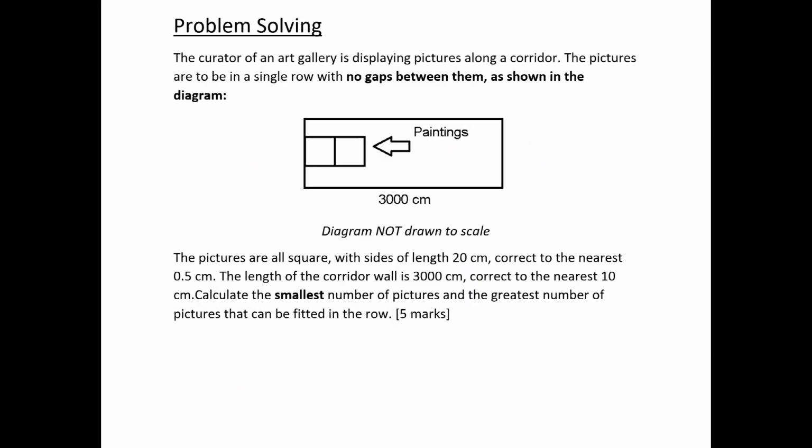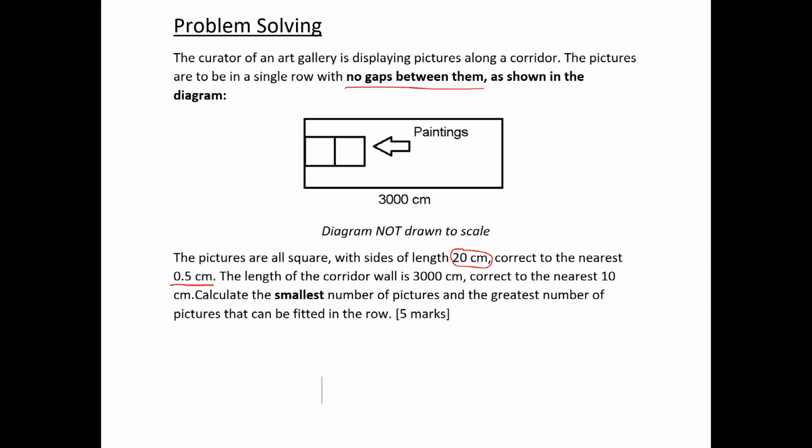Very often, we need to use our knowledge of bounds to solve problems. Here's an example. The curator of an art gallery is displaying pictures along a corridor. The pictures are to be in a single row with no gaps between them as shown. The pictures are all square with sides of length 20 centimeters correct to the nearest 0.5 centimeters.